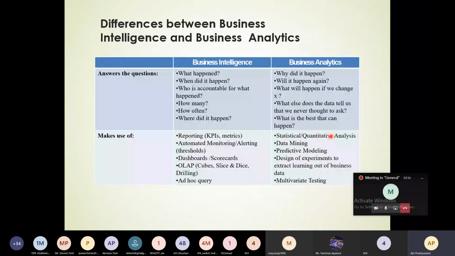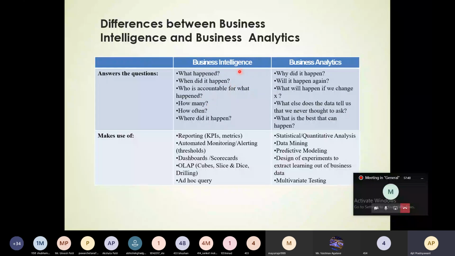Now the difference between them: with the help of this difference, we can understand what business intelligence and business analytics are. The questions answered by business intelligence are: what happened, when did it happen, who is accountable for what happened, how many, how often, where did it happen.